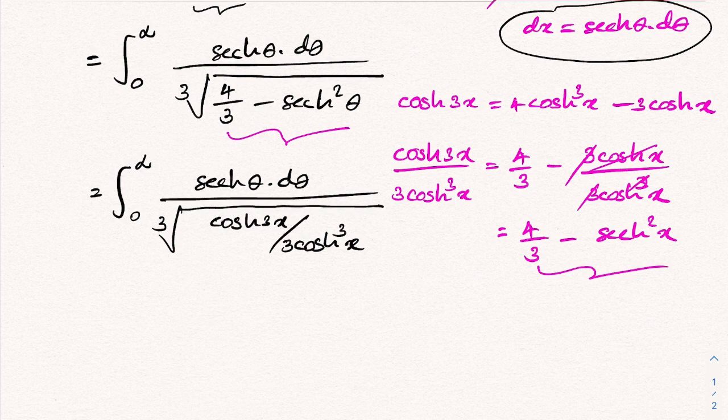Now we have 3 to the 1/3, so the cube root of 3 is a constant and we can take it outside of the integral sign.